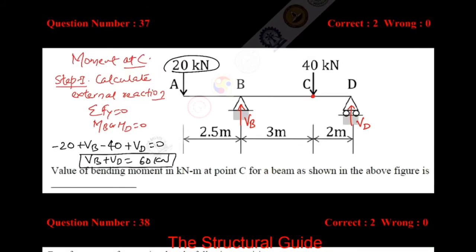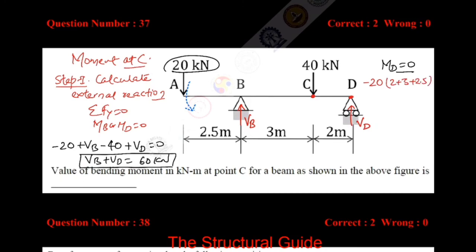Now apply moment about D equals 0. This is the joint D. I am taking it from the left side and taking clockwise moment as positive. The 20 kilonewton load will try to move the beam in the anti-clockwise direction, so it is negative: minus 20 into the perpendicular distance 2 plus 3 plus 2.5.